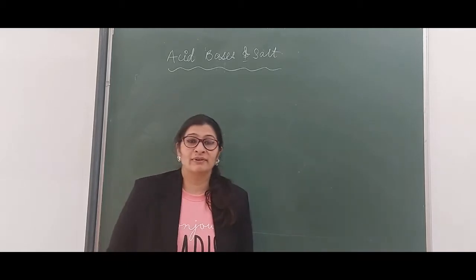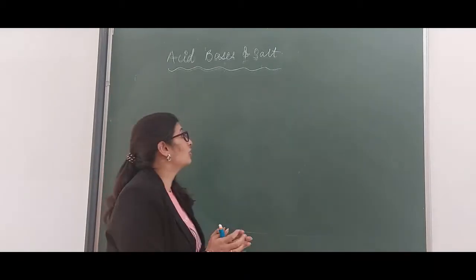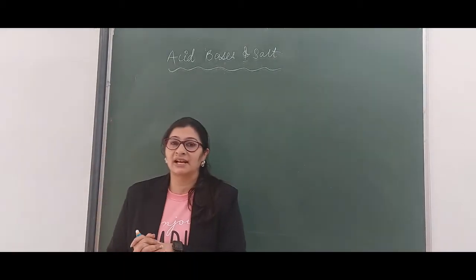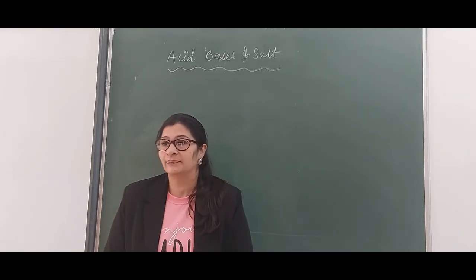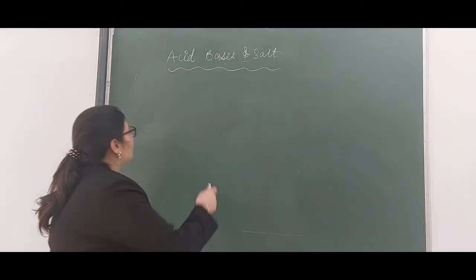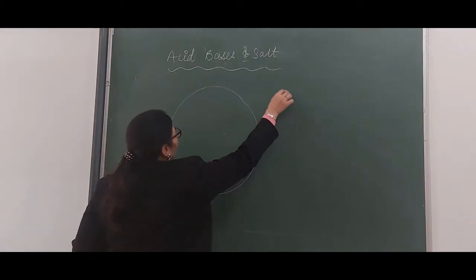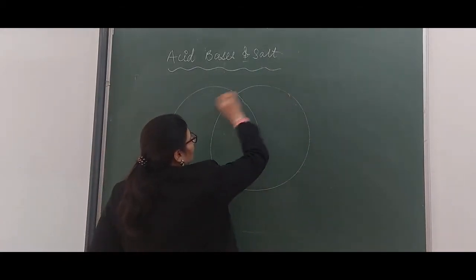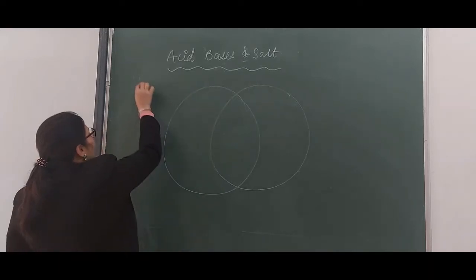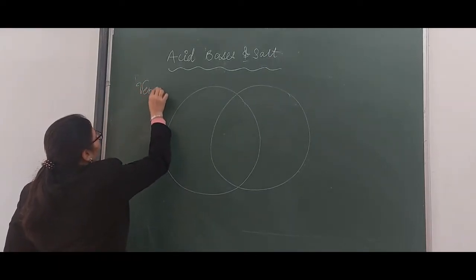Okay dear children, so we will start with the revision of the topic acid, bases and salt for grade 7. Let's do it with a graphic organizer that I generally use in my classes. This is called a Venn diagram.